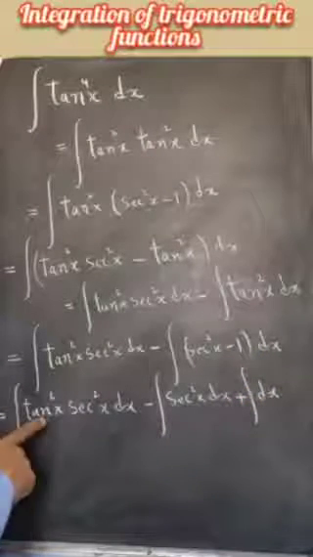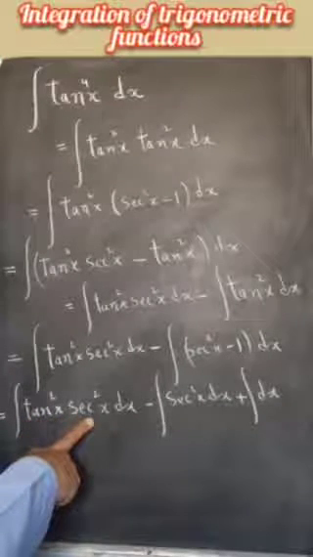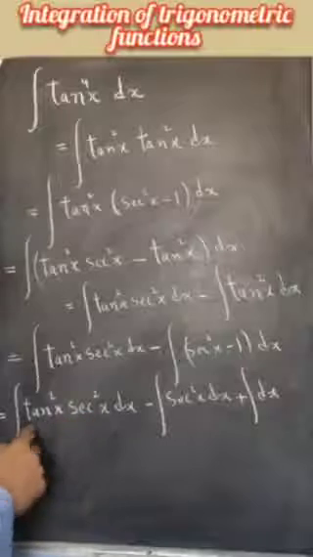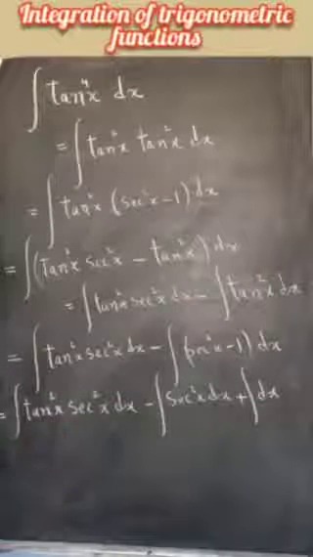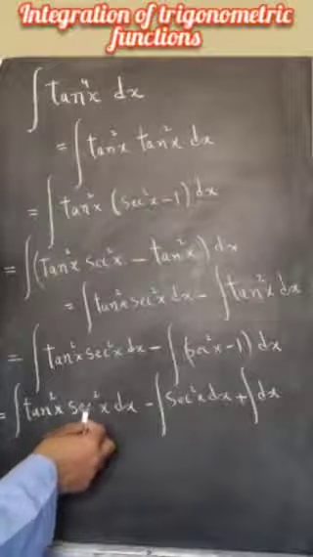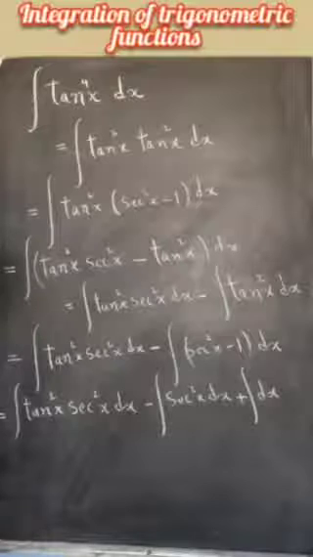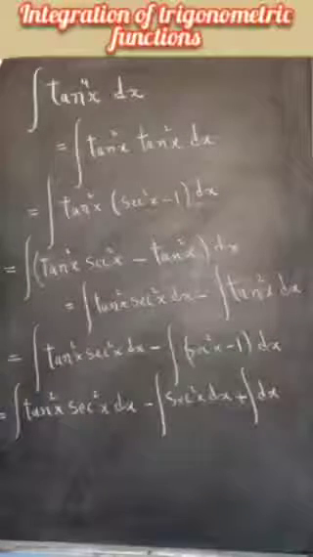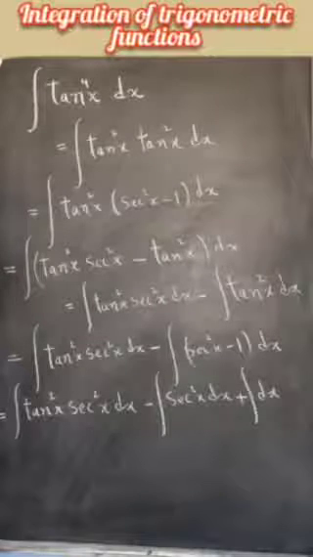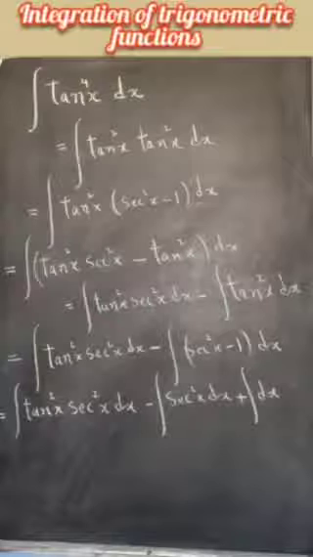Now here we know that differentiation of tan x is secant square x. Thus, if we take this tan x as f of x, then secant square x is f dash x. And we know that integral f x raised to power n into f dash x is equal to f x raised to power n plus 1 divided by n plus 1.